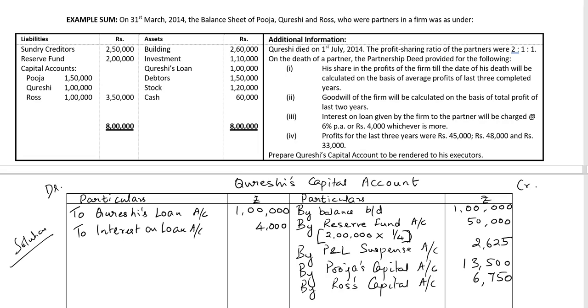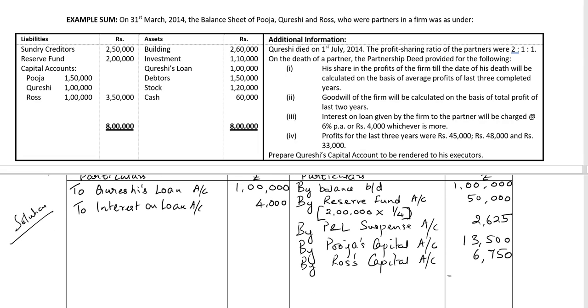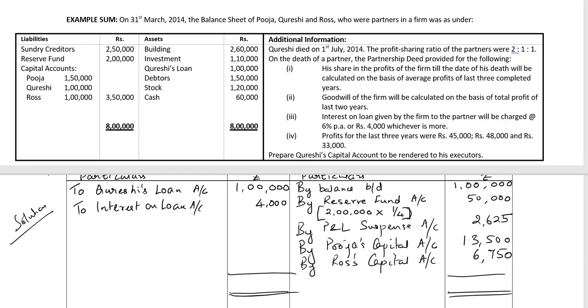All the entries are done. We'll balance Qureshi's capital account. The total of the credit side, the greater total, is 1,72,875.